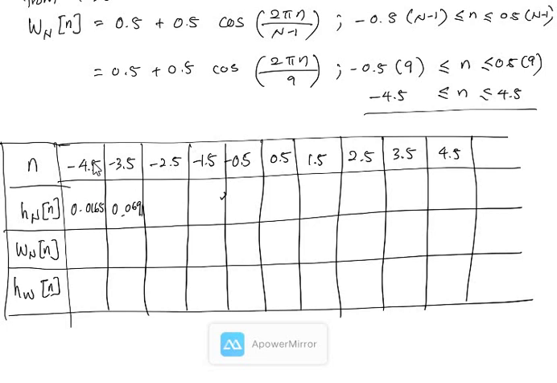And then for negative 2.5, I get negative 0.1176. For negative 1.5, I get 0.0166. For negative 0.5, I get positive 0.542. It's same to this one. So this value will be the symmetric value to this one. So I get the same value.